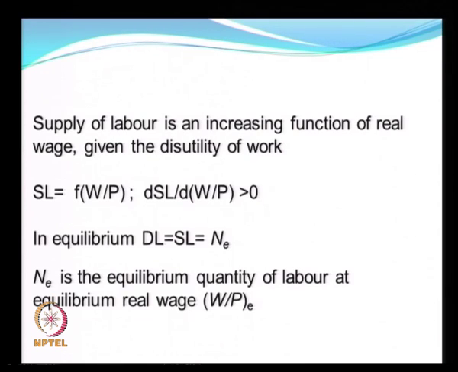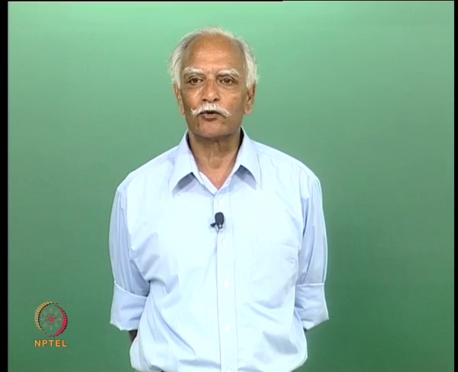Supply of labor can be thought of as an increasing function of real wage given the disutility of work. Laborers are said to compare the disutility of work with the reward for work. The more they have to work, the greater the drudgery or the disutility of work, and therefore, the less satisfied they will be with work.